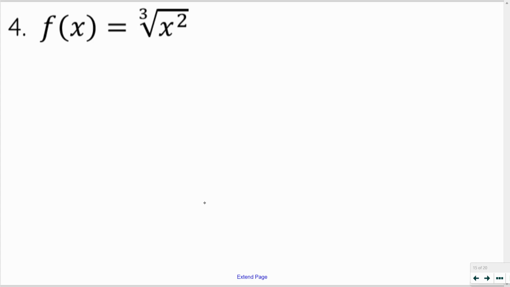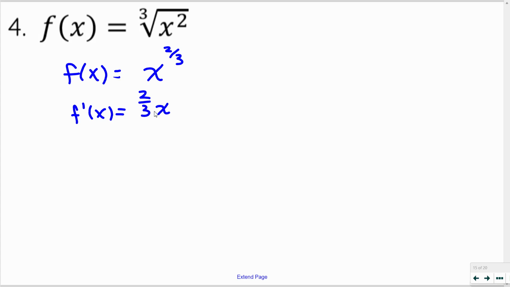Okay, one more. We're going to again write this as a power. So using our laws of exponents and switching from exponential to radical form, I know I can write this as x to the exponent of 2 over 3, raising it to the power of 2, taking the third root. So the derivative is bring the exponent down 2/3, decrease your exponent by 1. So 2 over 3 take away 1 is negative 1 over 3.